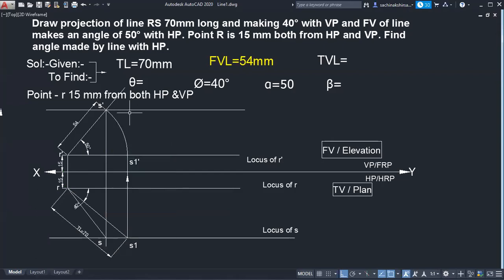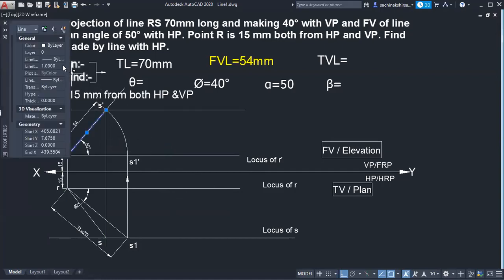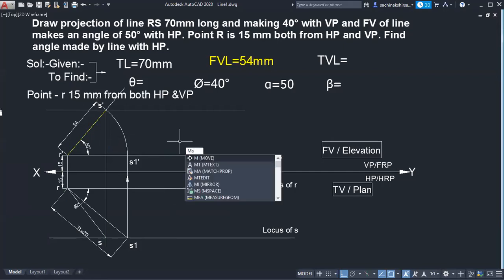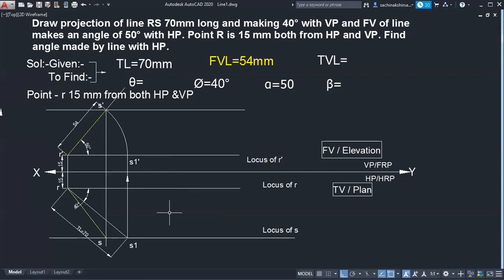So front view and top view. For this line, I got front view and top view. Okay, so if I highlight this front view and top view, this is my aim in this problem. Let me give again some color, suppose yellow, which will be easily understood. This was my aim. This R and S. Are you observing?